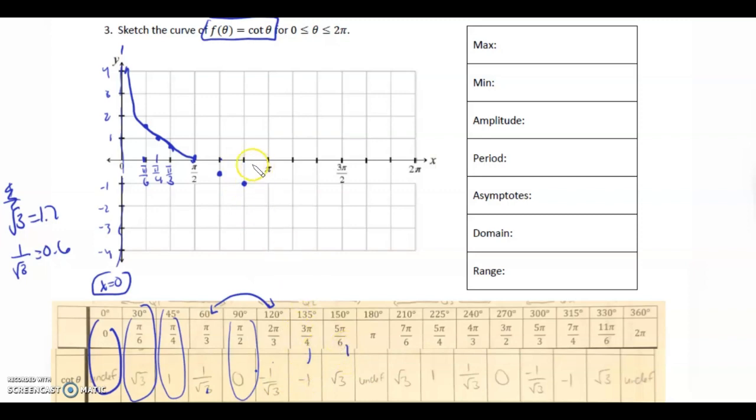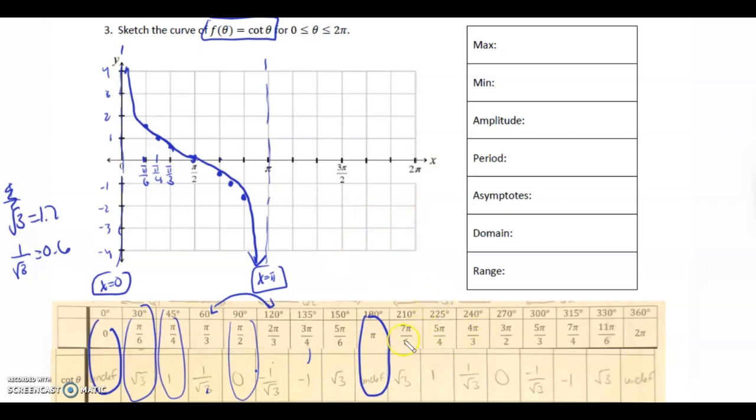And then negative root 3. Negative 1 should be here. Negative root 3 should be 1.7. Okay, and then we're going to have another vertical asymptote at pi. Okay, x equals pi. So we're going to go like this.